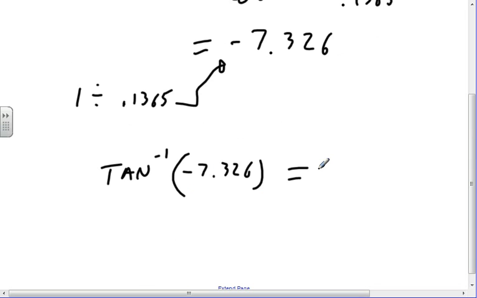Arc tangent minus 7.326, okay, so I've got minus 0.128 degrees. What are you giving me? Well, that's what my calculator is telling me. I got 1.43.